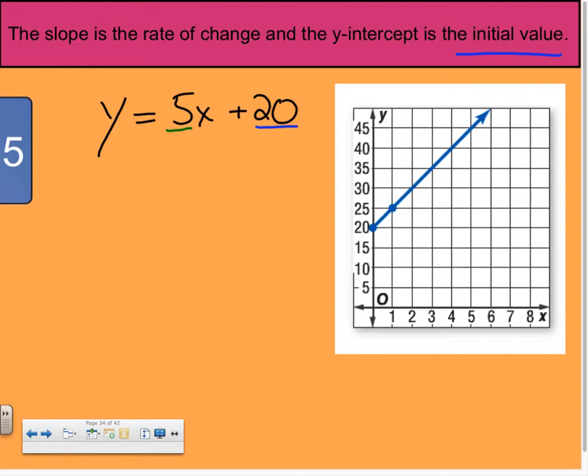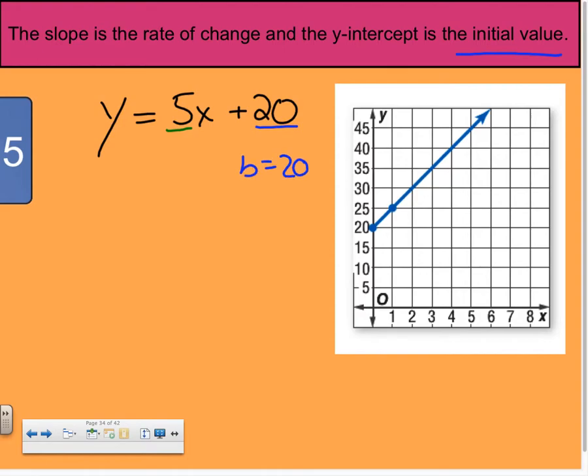What they want us to do is graph y equals 5x plus 20 using the slope and y-intercept. So now we're taking the slope and y-intercept that we can find out from a word problem or from an equation, and we have to graph it. How do we do that? Well, we found out that our y-intercept, b, equals 20.